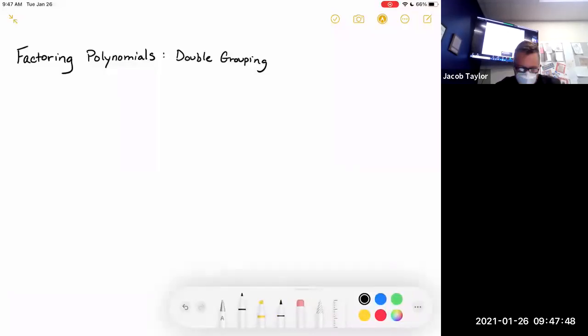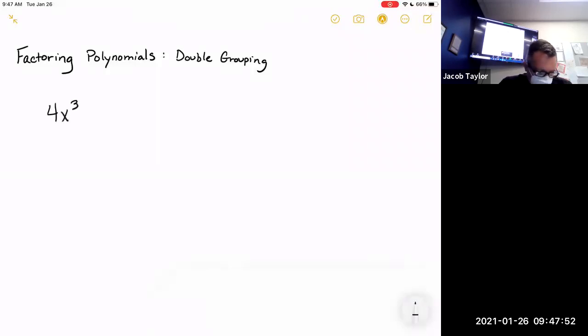So last time we learned how to factor using the greatest common factor, and we're going to elaborate on that a little bit by doing what is called factoring by grouping.